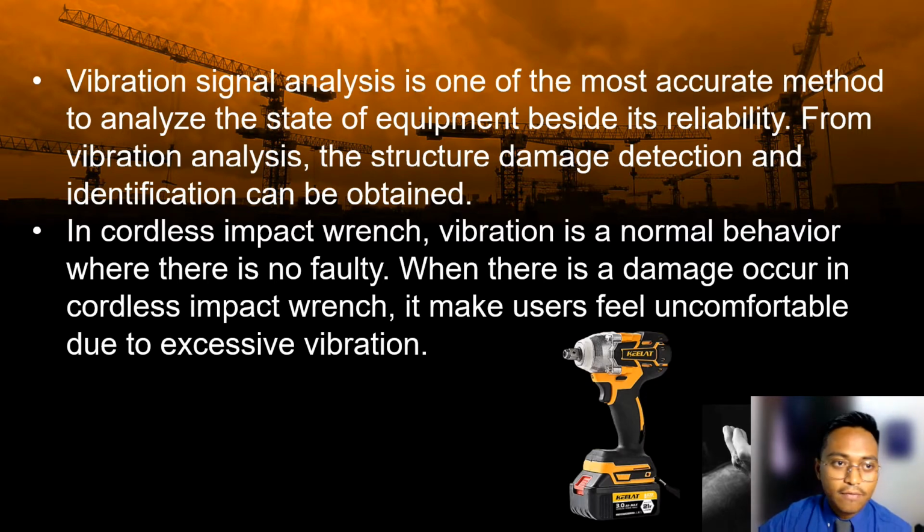In order to implement condition monitoring, one of the methods is vibration signal analysis. Why vibration signal analysis? Because it is one of the most accurate methods to analyze the state of equipment. From vibration signal analysis, we can identify the structure damage and the severity of the damage. Let's focus on my study, which is to study the vibration in a cordless impact wrench.